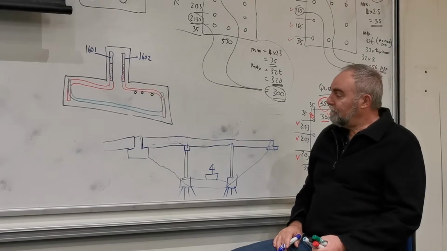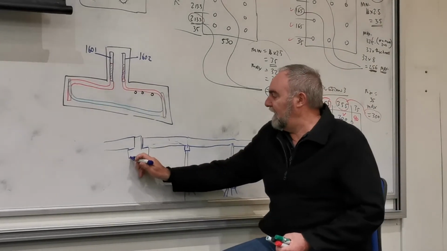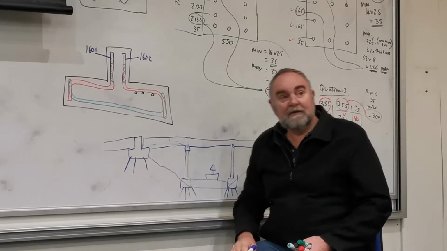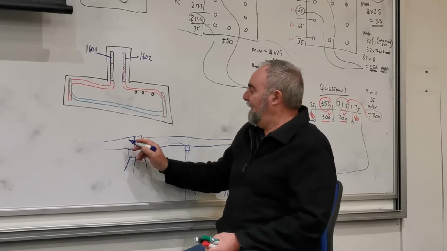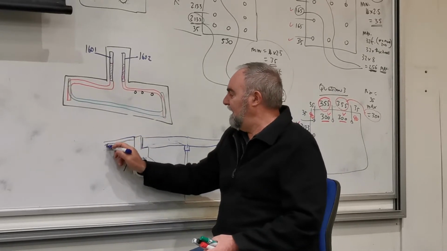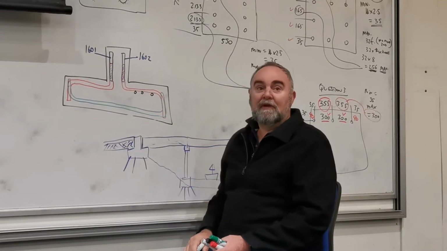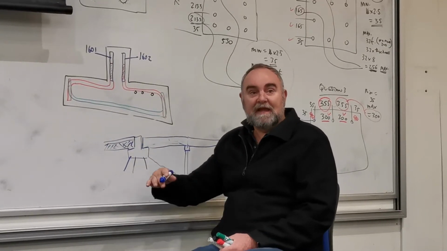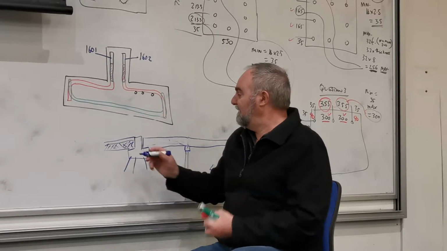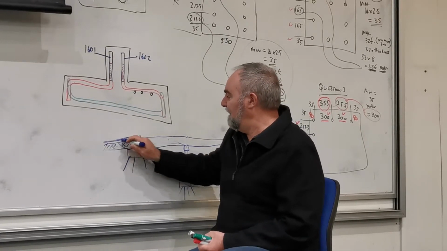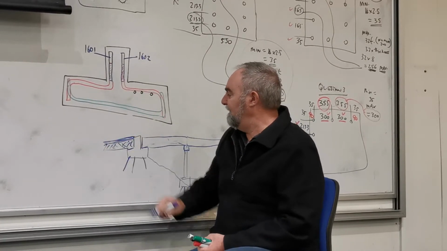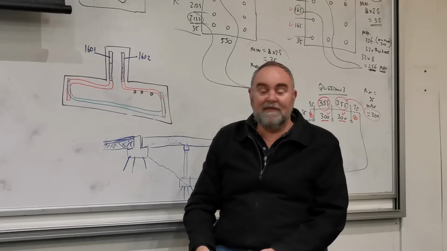Sometimes it has raking piles going into the ground as well, depending on the design. This part here is normally hard fill, as in like a road surface, different layers of sub-base. And this bit here is normally something like a flexible pavement of some sort, like bitumen or something like that.